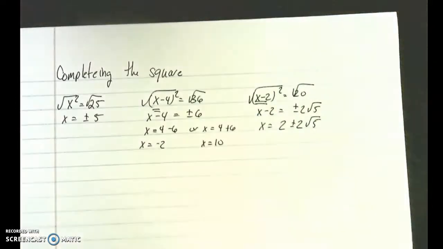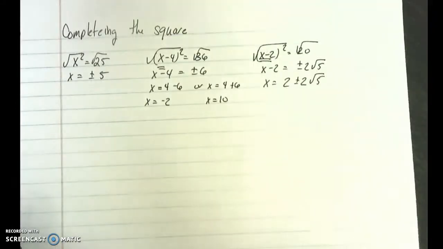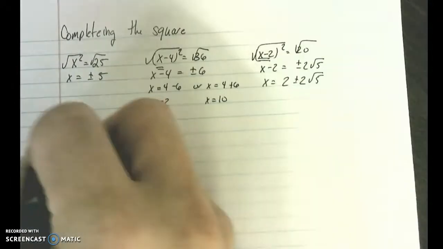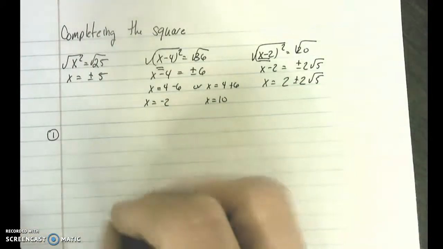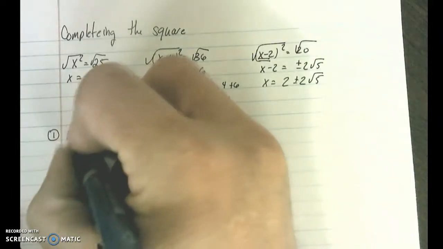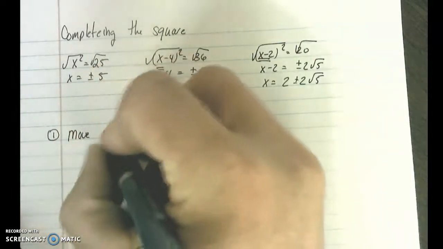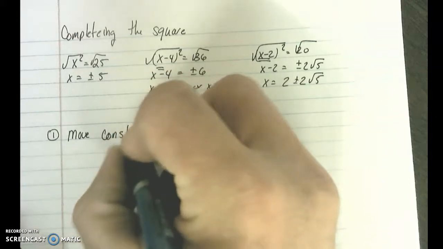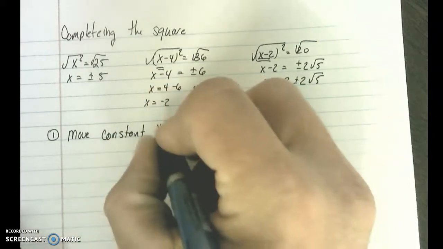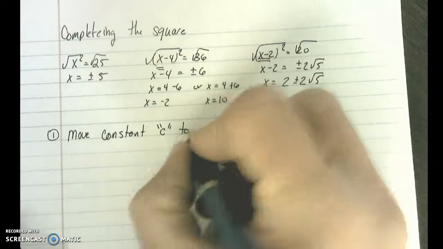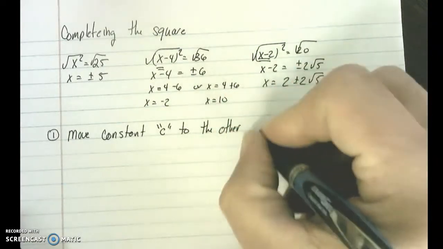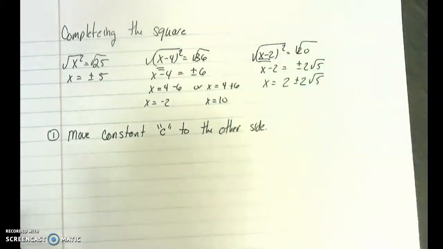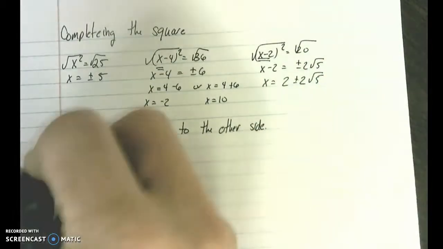All right, so we've got about 6 steps to look at, and I'm just going to write those steps down and then give us our examples. Okay, so number 1 is we're going to move our constant C to the other side. All right, and I'll show you that here in just a second.